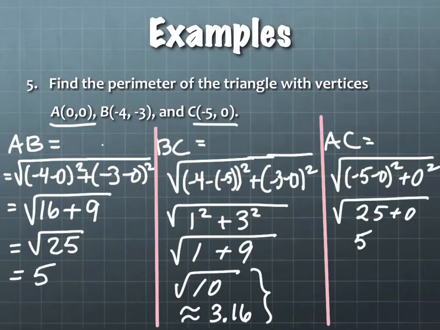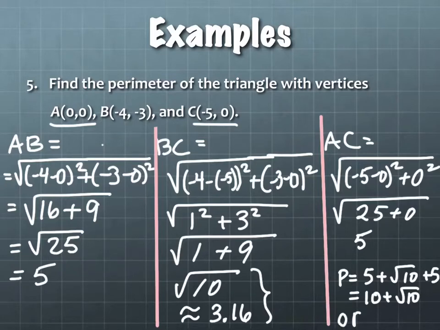So this one ends up being a whole number again. So the perimeter, if we work with exact representations, would be 5, square root of 10, and 5. So it would be actually 10 plus square root 10. Or if we use approximations, we would have 5 plus 3.16, and that would be approximately what?